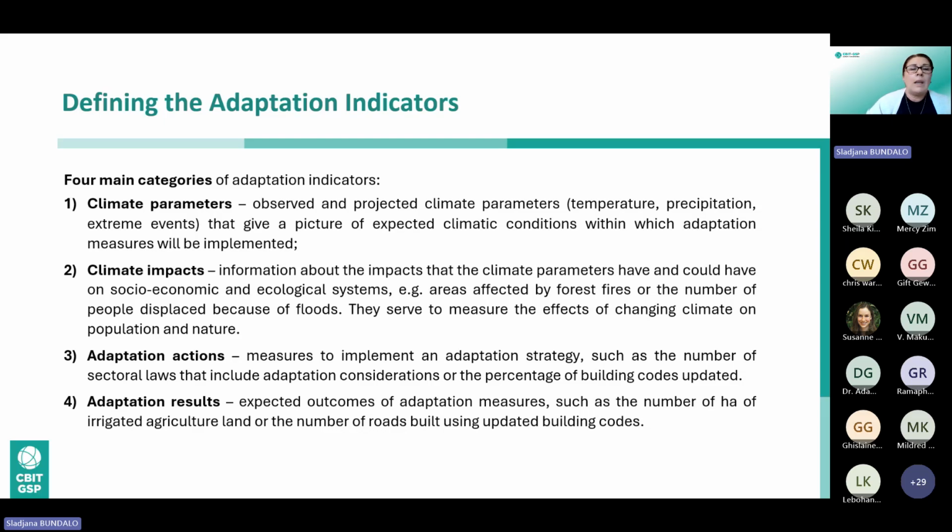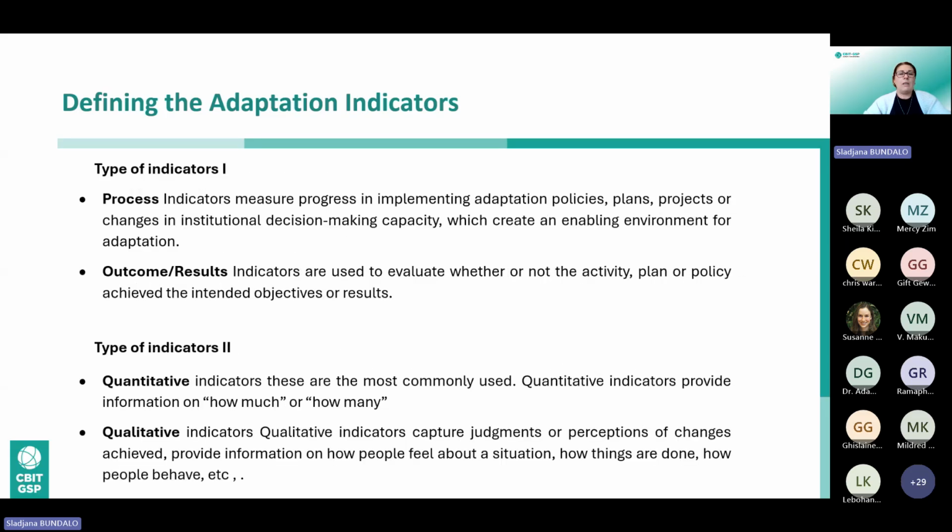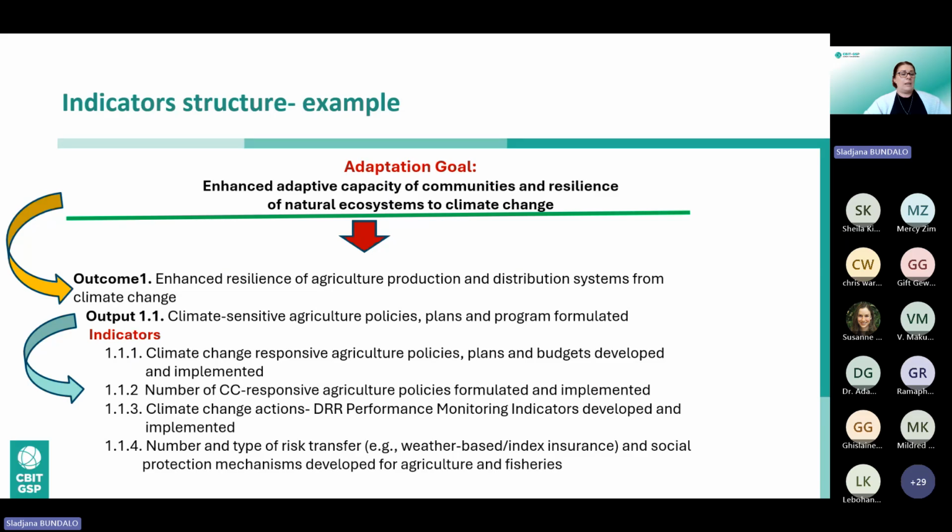Since Mr. Gevona already provided categories and types of the adaptation indicators, I will skip these slides and go directly to one structure example of the indicators.